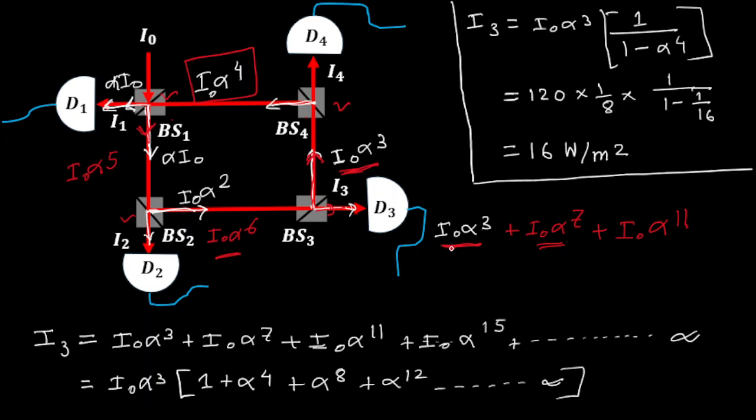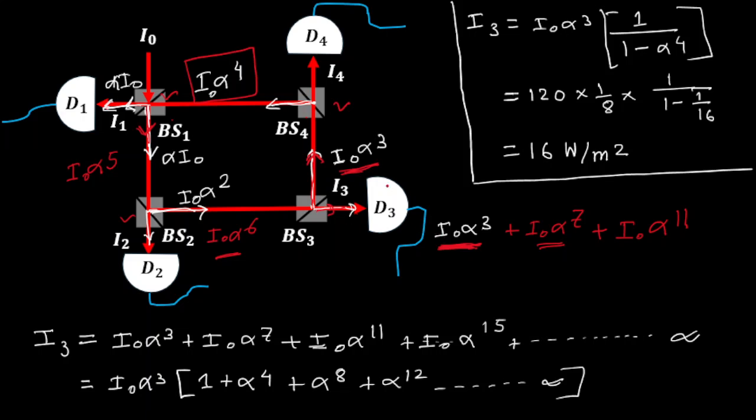By mistake, if you think that there will be only one cycle, the intensity measured by the detector, I naught into alpha times I naught into alpha cube, will actually give 15 watt per meter square, but that is not exactly the case. This will be the intensity after the first cycle, but there will also be an infinite number of cycles.